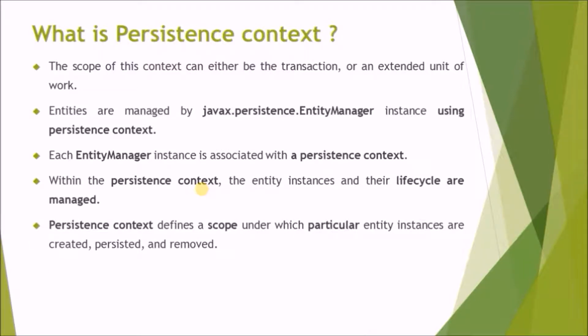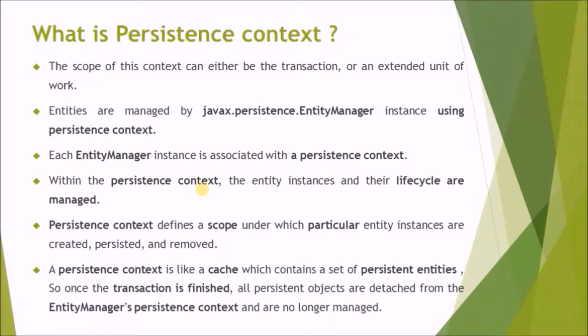Persistence context defines a scope under which particular entity instances are created, persisted, and removed. A persistence context is like a cache which contains a set of persistent entities, so once the transaction is finished, all persistent objects are detached from the Entity Manager's persistence context and are no longer managed.